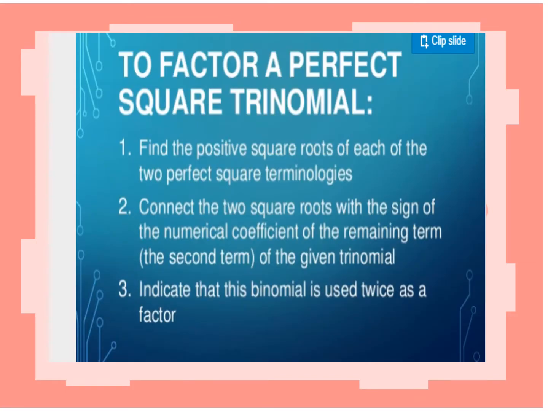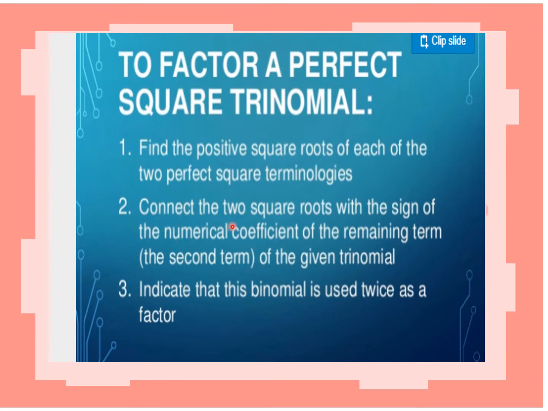To factor a perfect square trinomial, the concept of the perfect square trinomial is the basis in the process of completing the square. So in this case, let us have a short recall to illustrate this. The first step is you need to find the positive square root of each of the two perfect square terms.